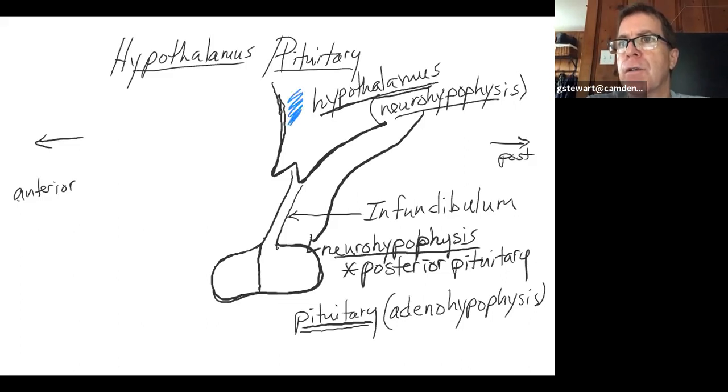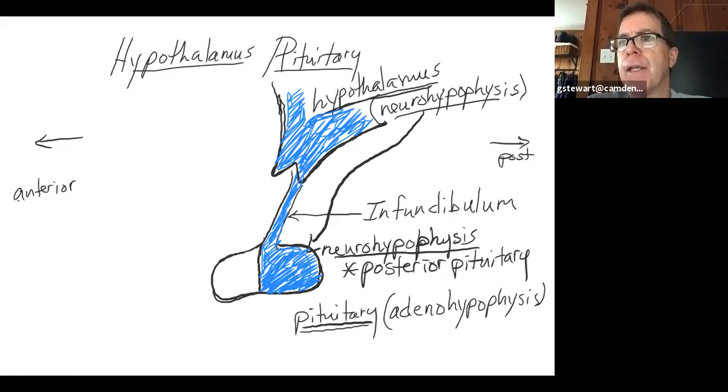And in order to understand how this relates, I'm going to draw this all in blue. So the posterior pituitary is the same exact tissue as the hypothalamic tissue up here.